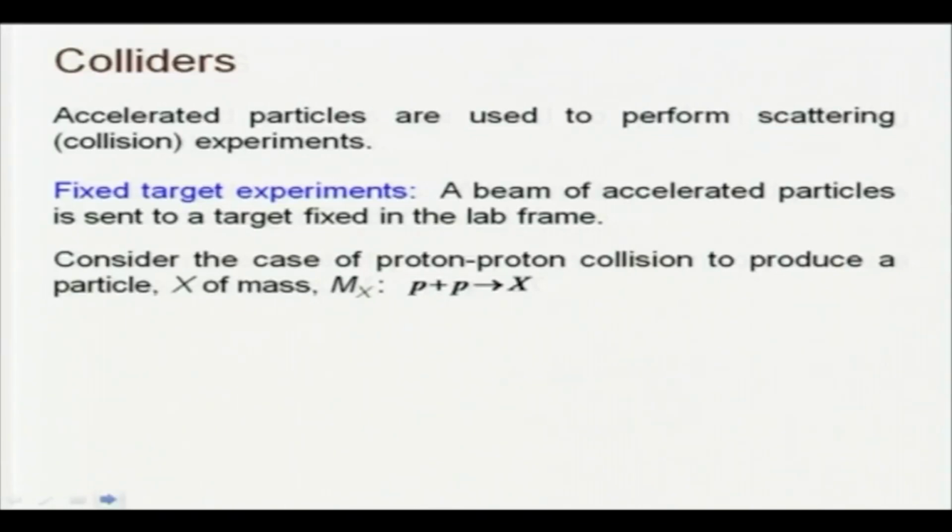Say, imagine that one beam of protons is accelerated to high energies, and there is condensed or high pressure hydrogen gas sitting somewhere in the lab, and you make the accelerated protons fall on it.